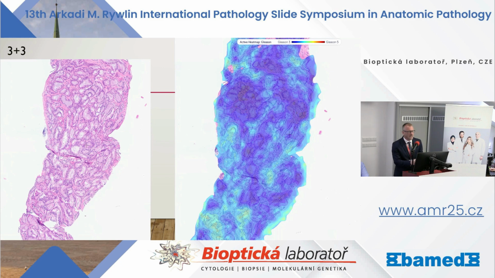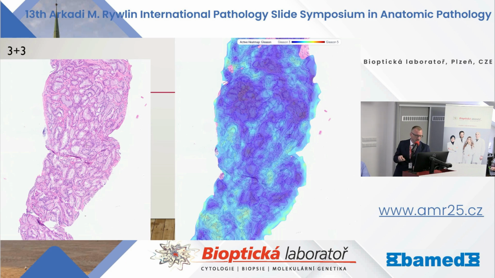So, nice, straightforward 3+3, and then again you get the map from the AI, where dark blue is straightforward 3. Let's say green, because I see just 9 colors or something like that, is 4, and dark red is 5.